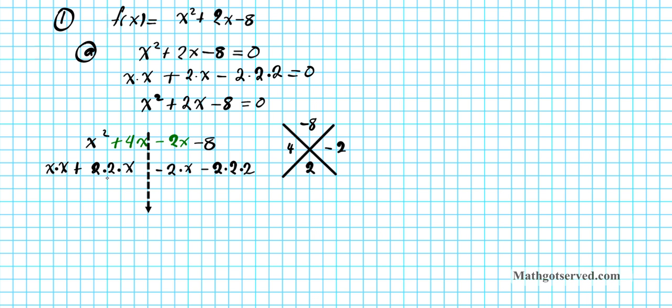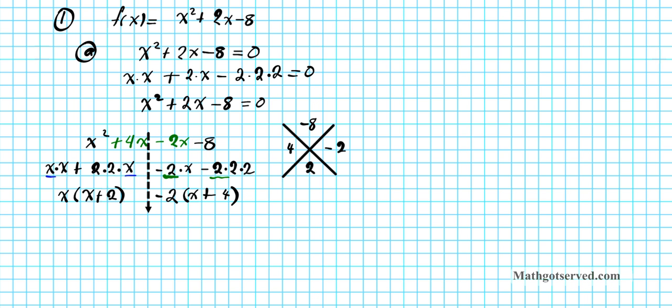Okay? On the left side of the partition, x is common, so we can factor that out. If we factor that out, we'll have x times x plus 2. And on the right side of the partition, negative 2 is common, so we can factor out negative 2 from both sides. So we bring down the negative sign, negative 2. We have to be careful to switch this sign, so we have x plus 4.